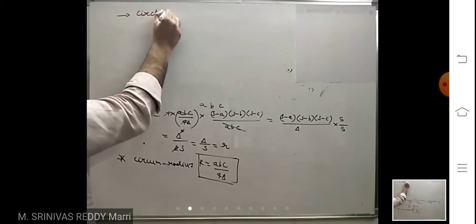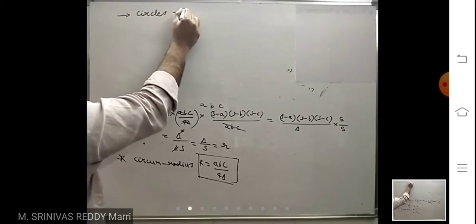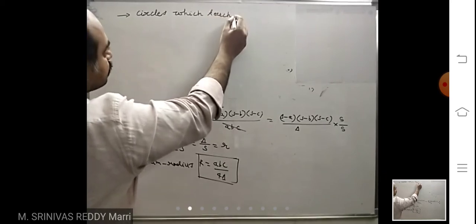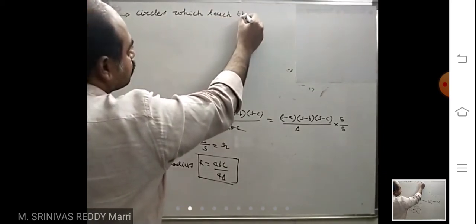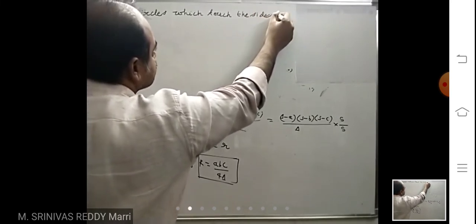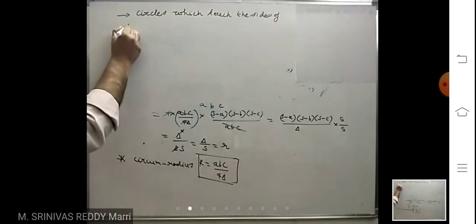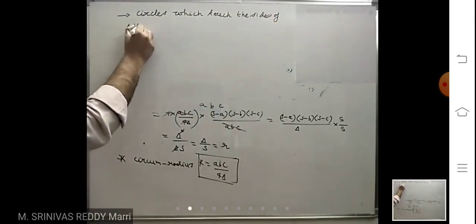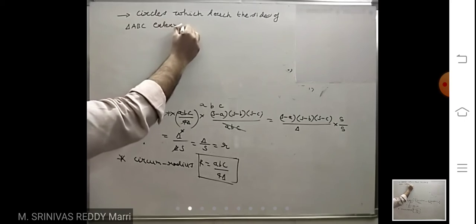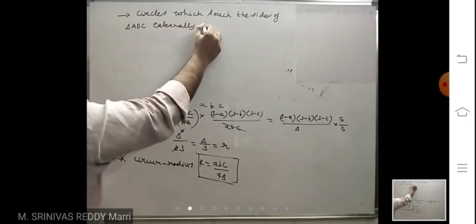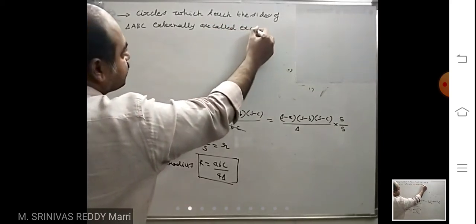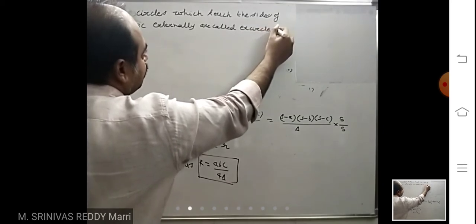Circles which touch the sides of triangle ABC externally are called excircles.